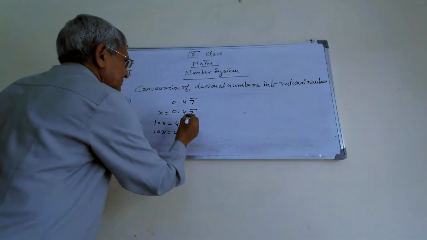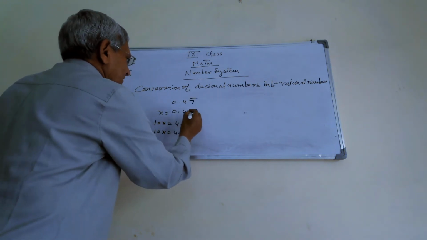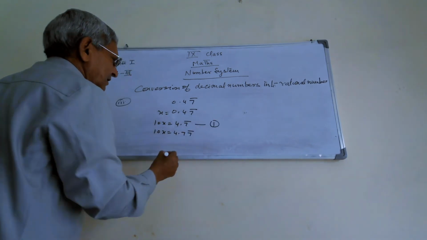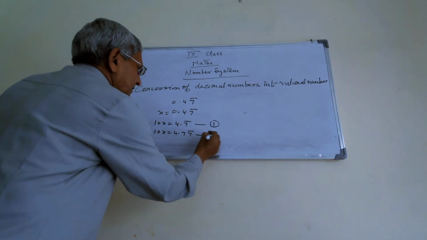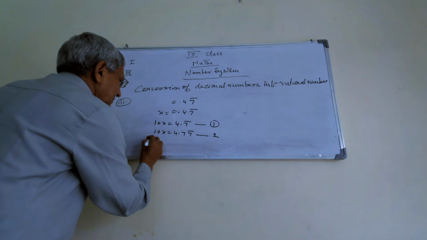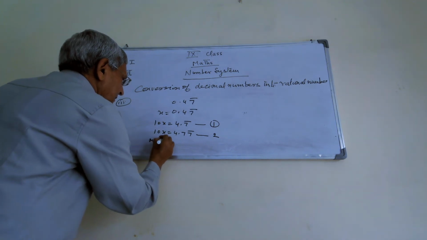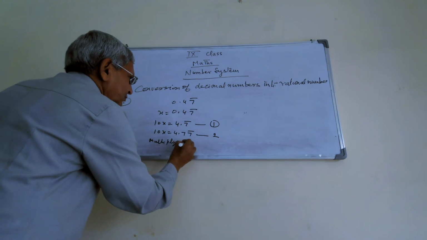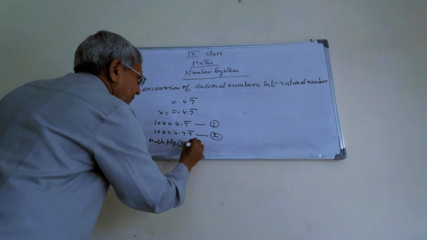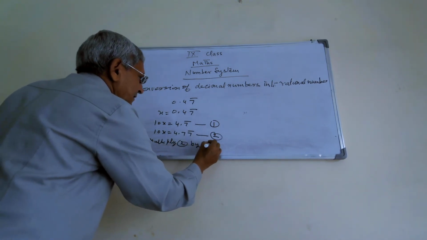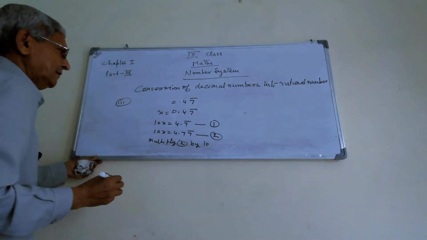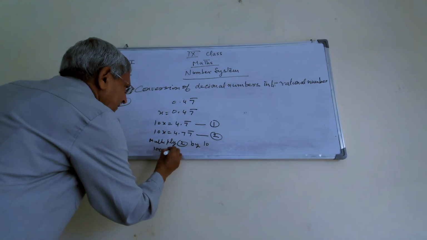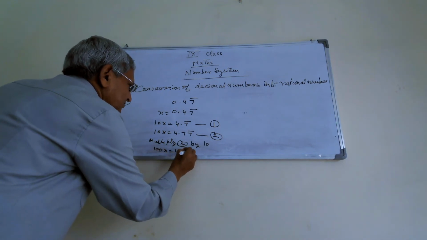This is the first. And multiply the second by 10: 100x is equal to 47.7 bar. This is the third.